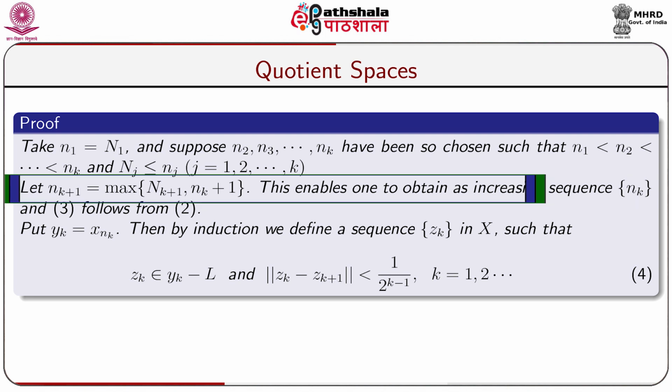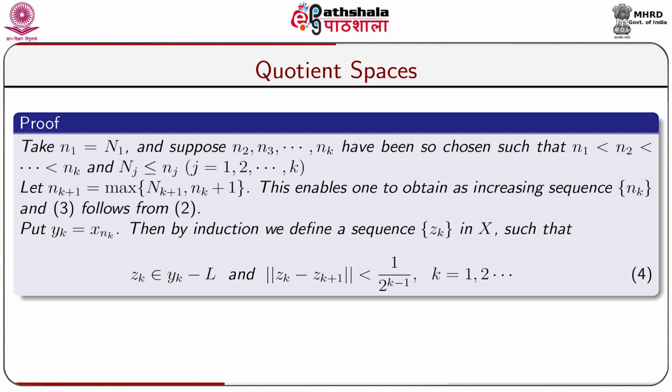Let nk+1 be the maximum of capital Nk+1 and nk + 1. This enables one to obtain an increasing sequence nk, which follows from the earlier equation.